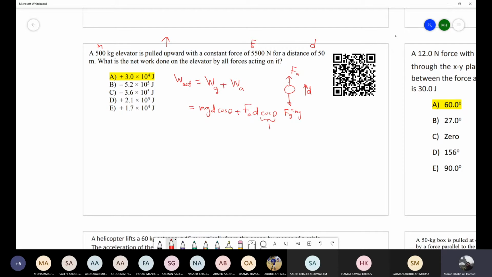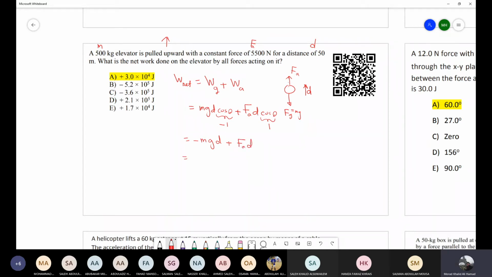So they have opposite directions, which means theta is equal to 180, so cosine theta is equal to minus 1. Clear? So we have minus mg d plus Fa d.